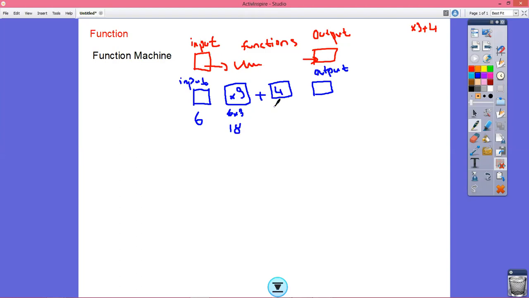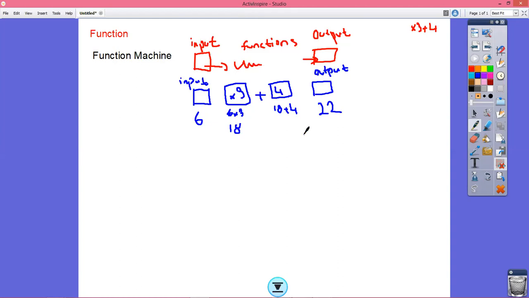To this 18 we are going to add 4, and the output will be 22. If we change the input to another number, the output will be another result with these functions, multiplying by 3 and adding 4.